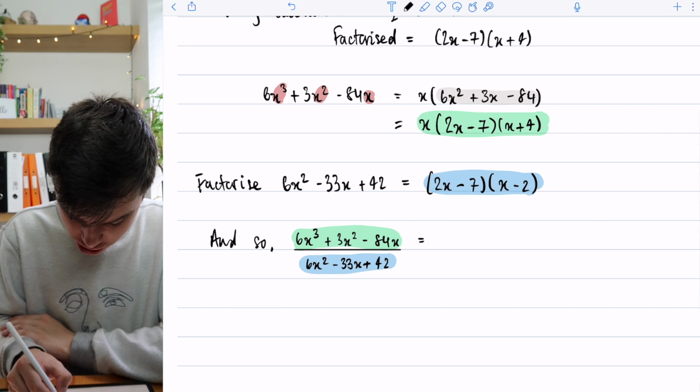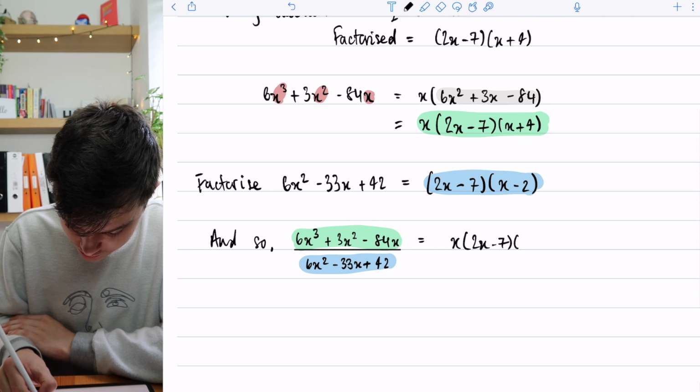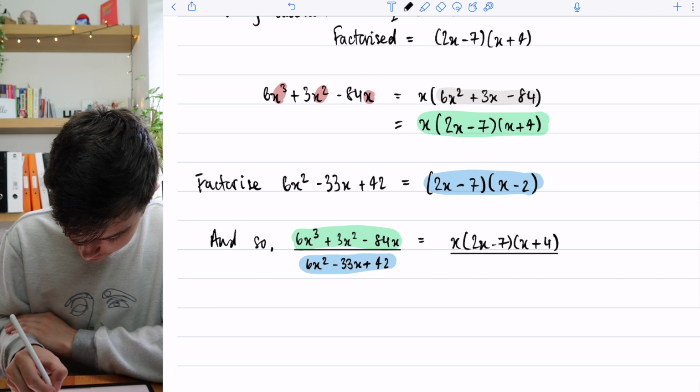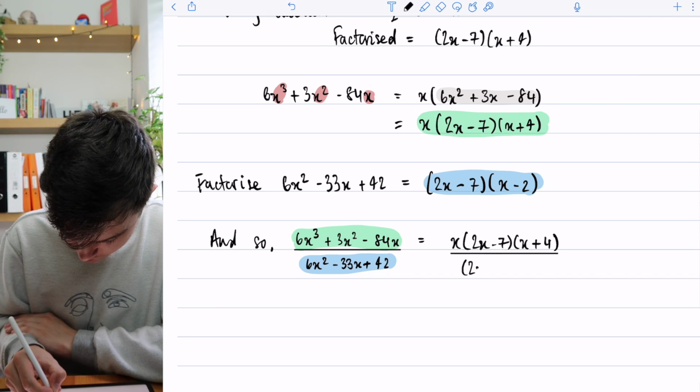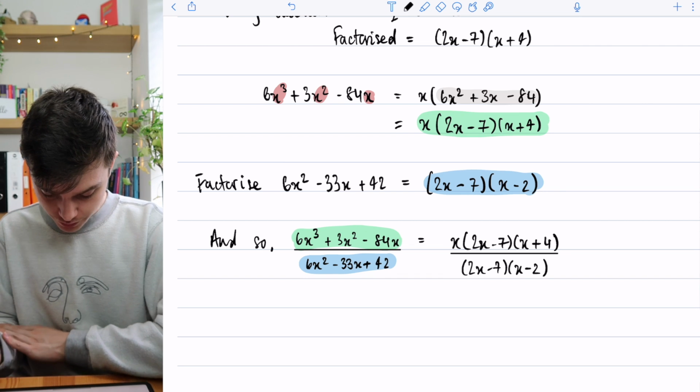I will just substitute in here, so we had x, 2x minus 7 times x plus 4 divided by 2x minus 7 over x minus 2, okay?